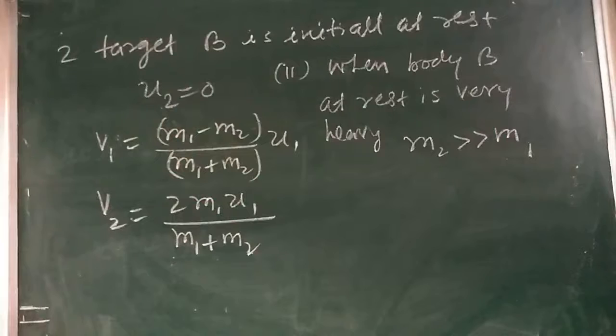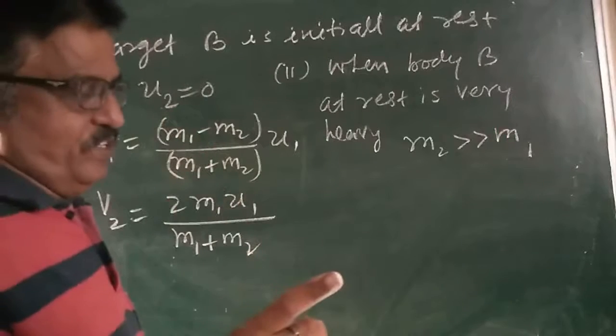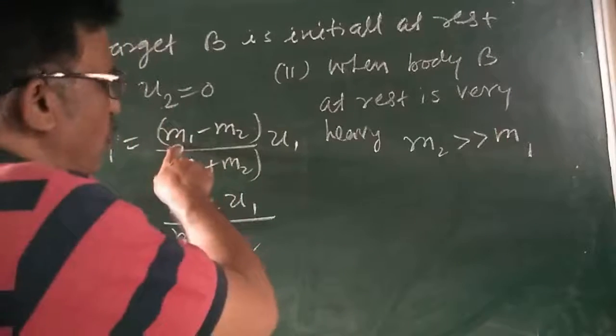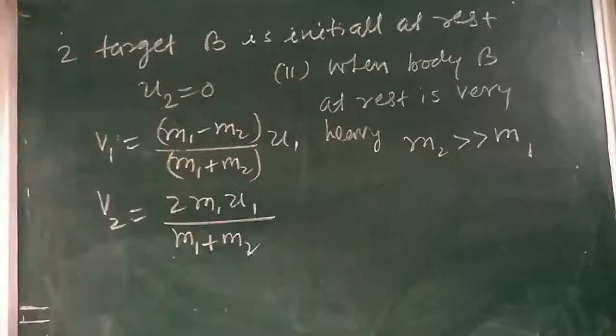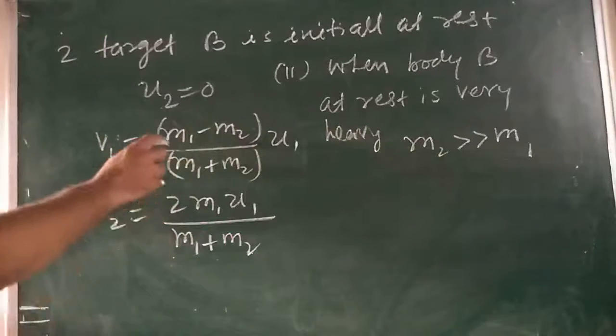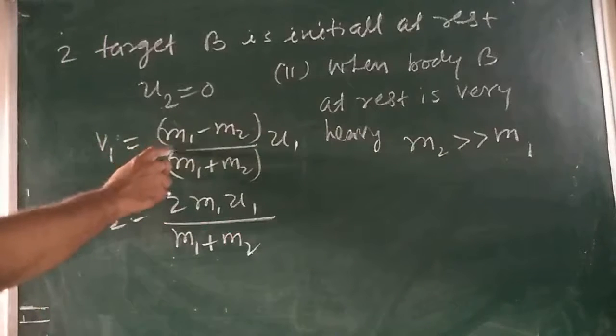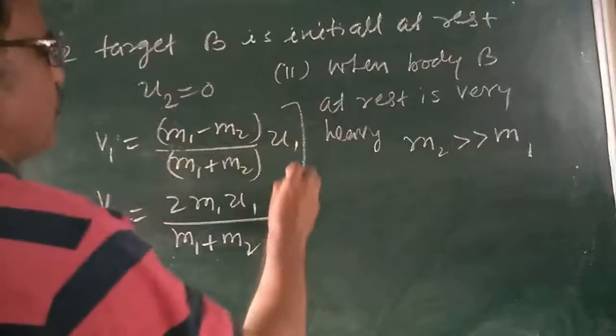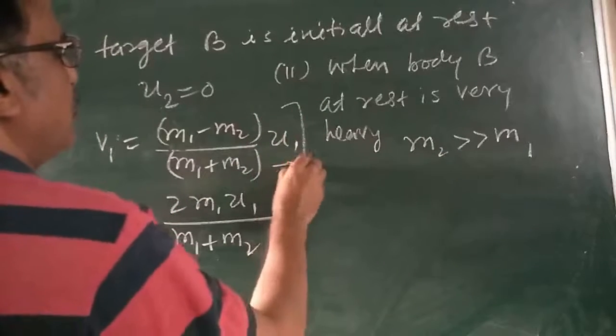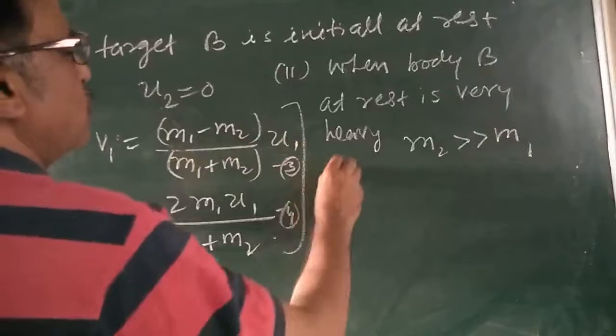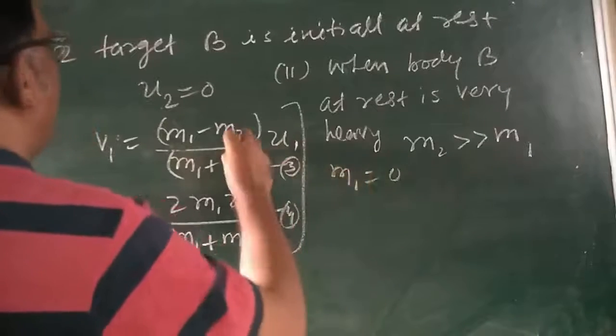M1 can be ignored compared to M2. So from this equation, putting M1 is equal to 0. Take these equations 3 and 4. तो M1 is equal to 0 रखेंगे यहाँ पर.